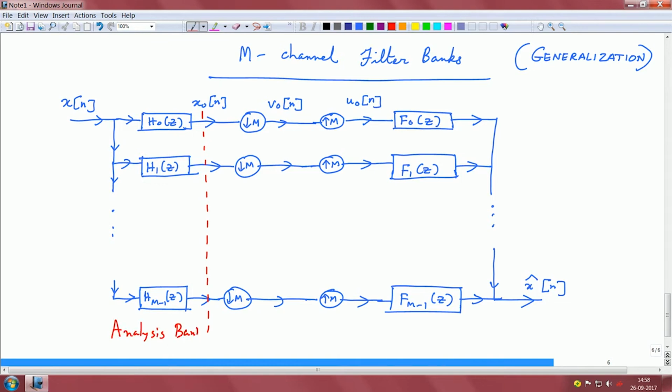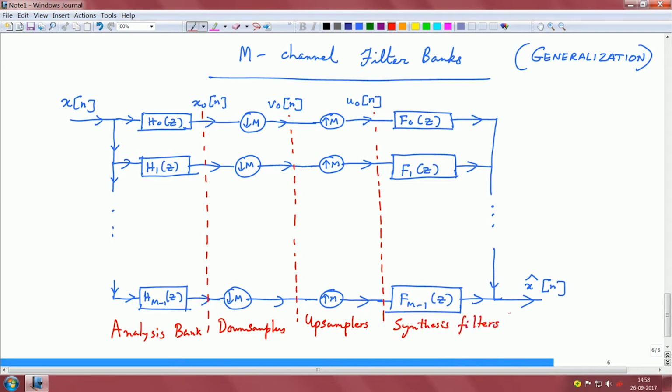So, this is the analysis bank of filters. These are the downsamplers, these are the upsamplers, and these are our synthesis filters, and this collection of synthesis filters forms the synthesis bank, and this forms the analysis bank.